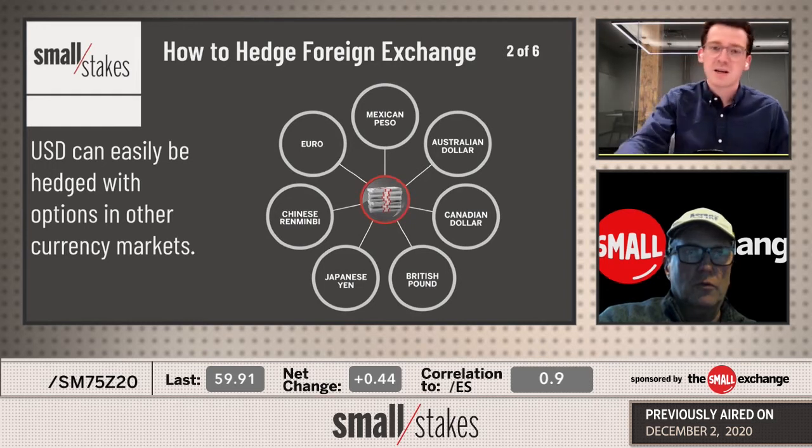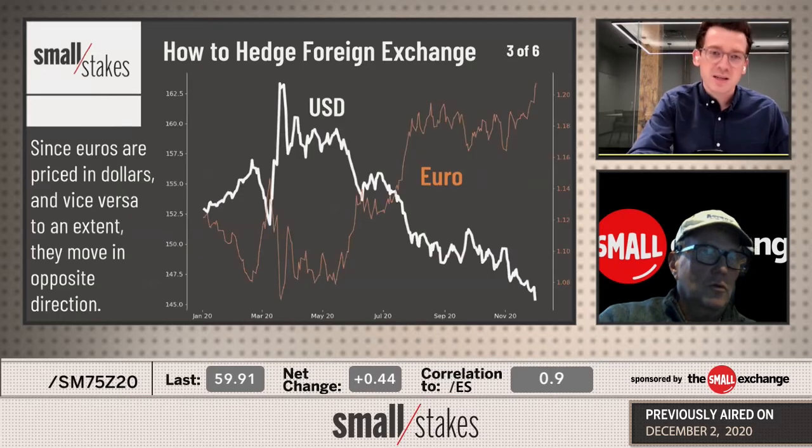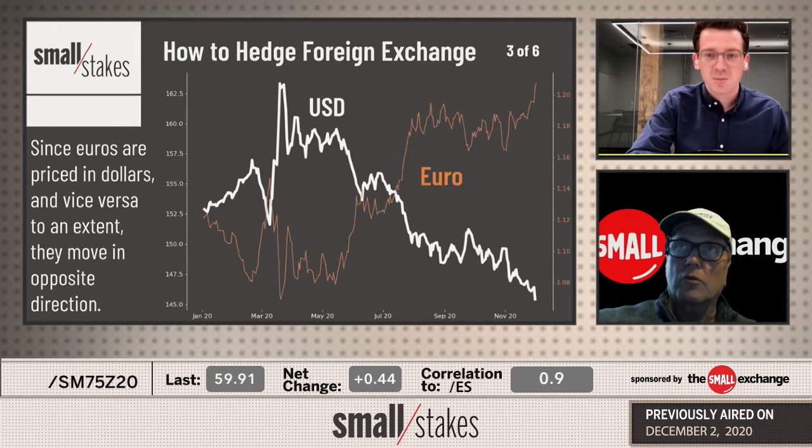They're priced in euros and Mexican pesos and Australian dollars and Chinese renminbi and Japanese yen and all down the line there. And so what you can do pretty easily is say, okay, well, I bought dollars or I sold dollars. I can just go to that euro market and trade the opposite direction to hedge a little bit there, because you can see they move almost perfectly inverse.